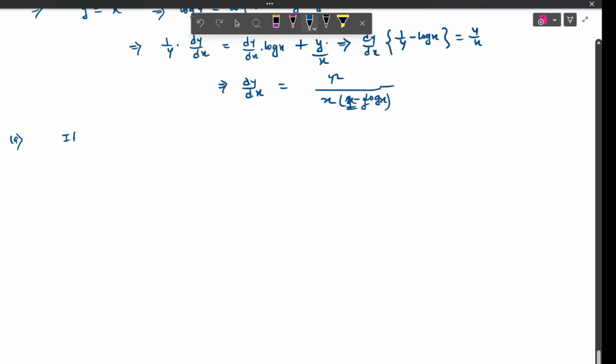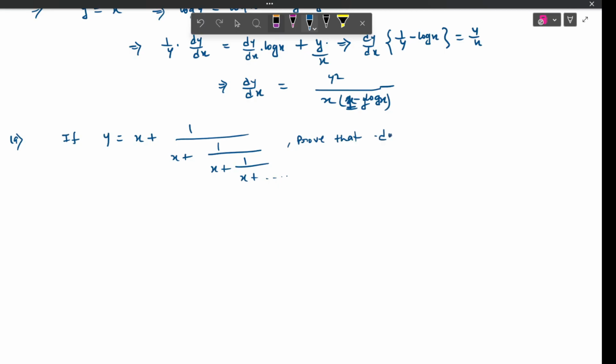Let us say question number 19. Here we have, if y equals to x plus 1 by x plus 1 by x plus 1 by x plus, this format, prove that dy by dx is y by 2y minus x.